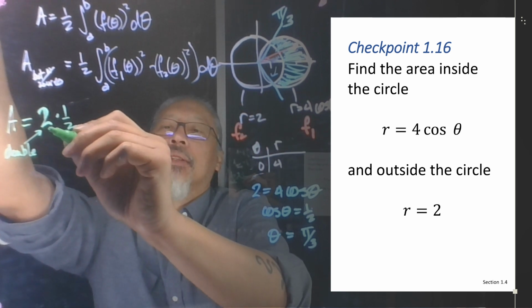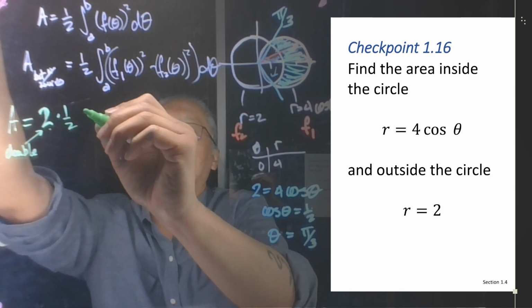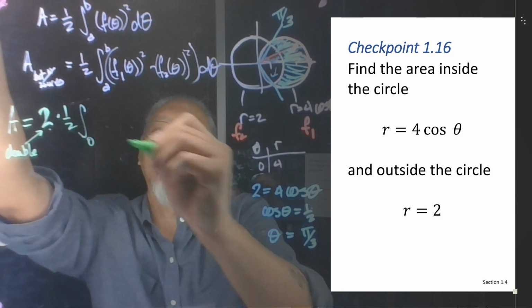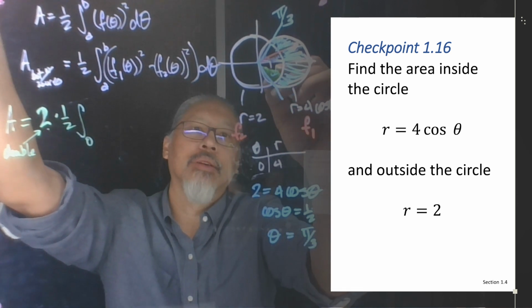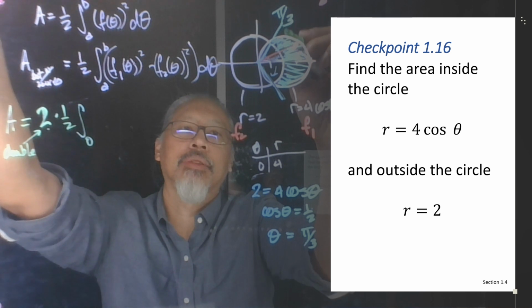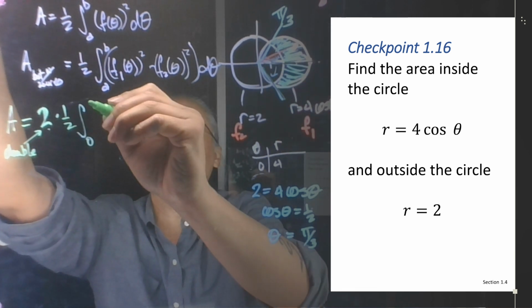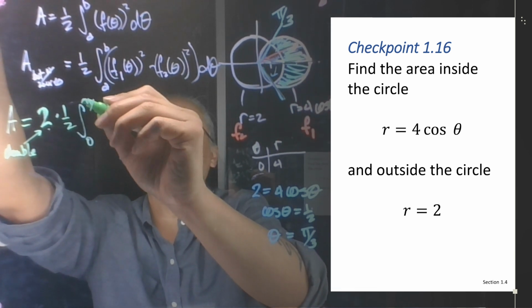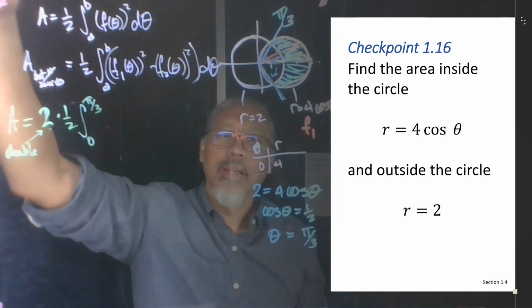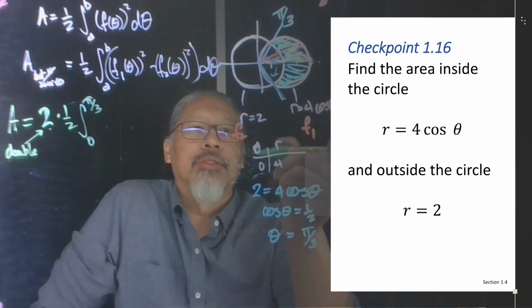Okay, so the double times the 1/2 will cancel itself out. And instead of going from minus pi over 3 to positive pi over 3, we're just going to go from 0 to pi over 3 because we're going to double it. And the big function first.